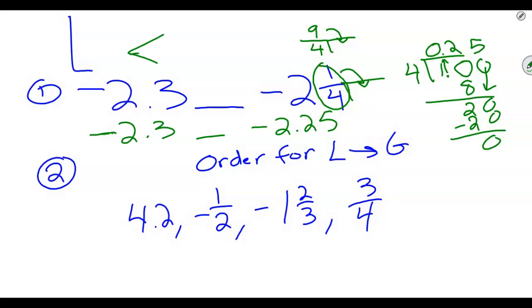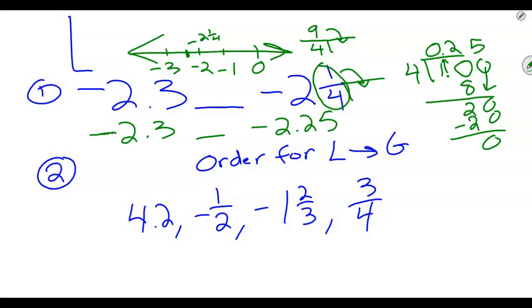I'll give you a number model. We have 0, -1, -2, -3. -2 1/4 falls about right here. Would -2 3/10 fall to the left of it or to the right of it? This is -2 1/4.